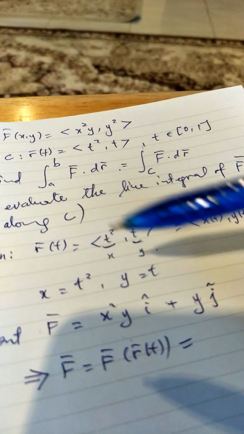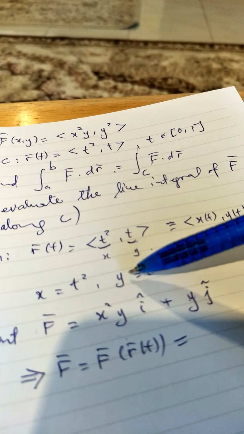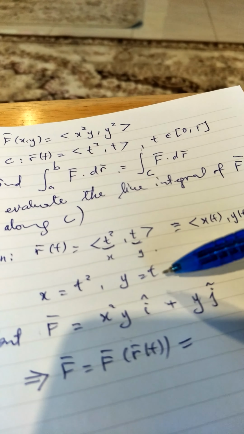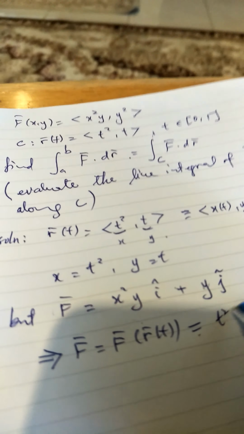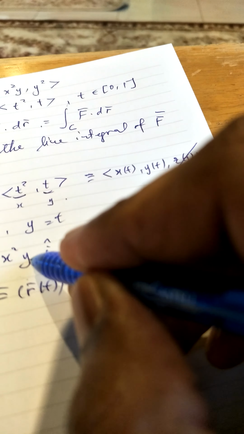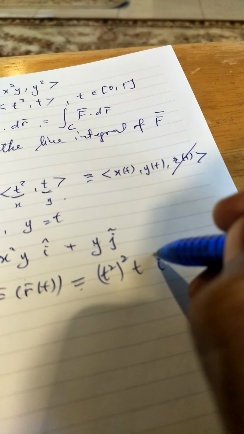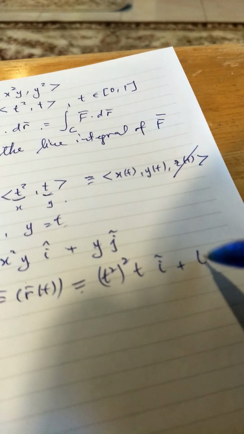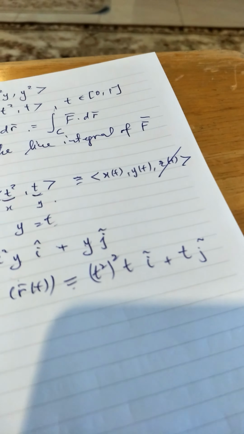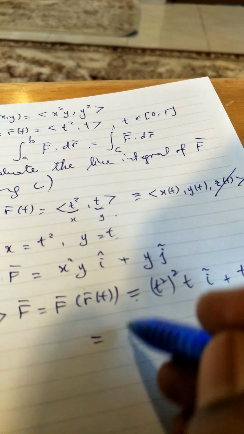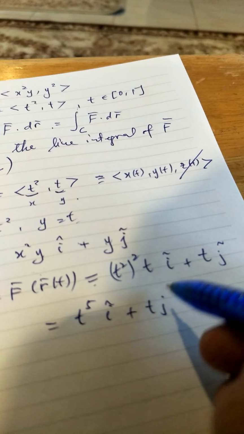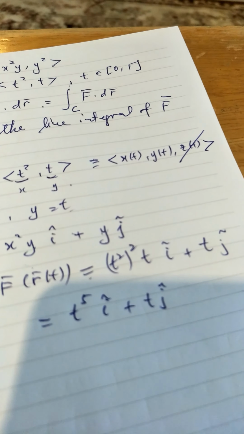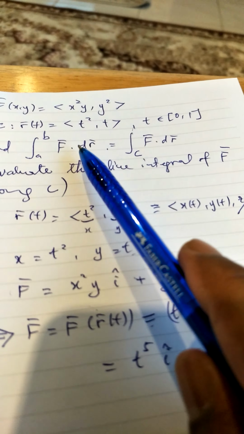Because we substitute x and y with parameter t, x is t squared, so x squared gives t to the fourth, and y is t, this is component for i, plus y is t, this is component for j. So what we have here is t to the fifth i plus t j.